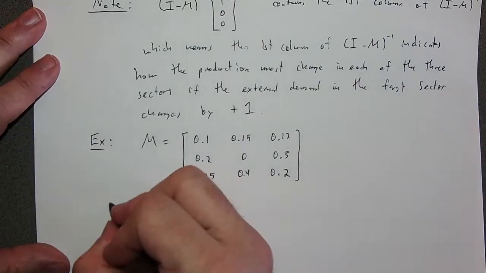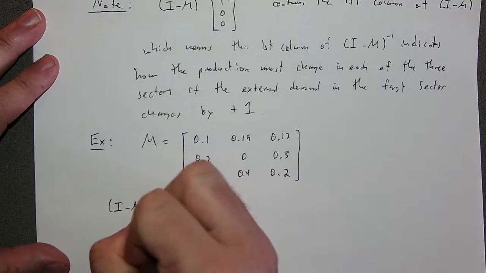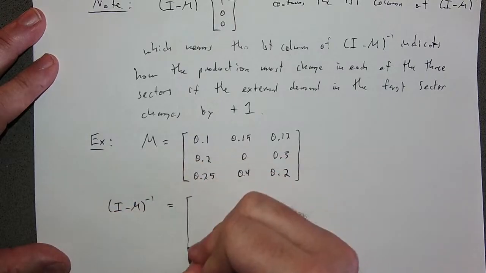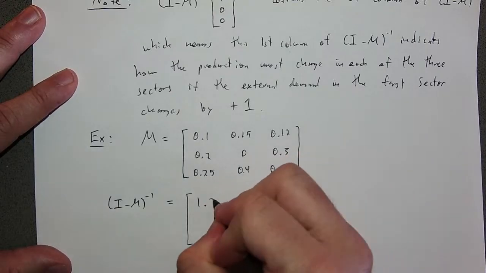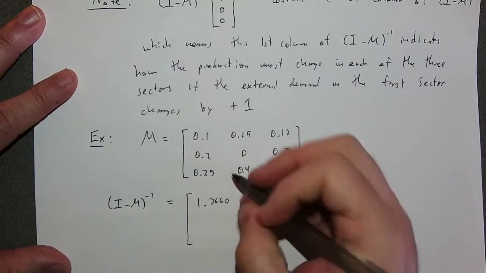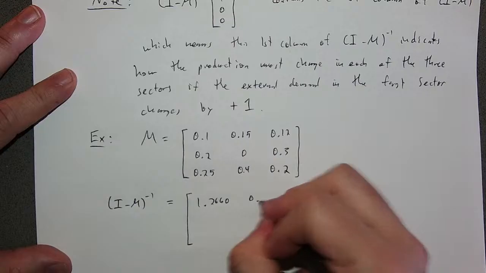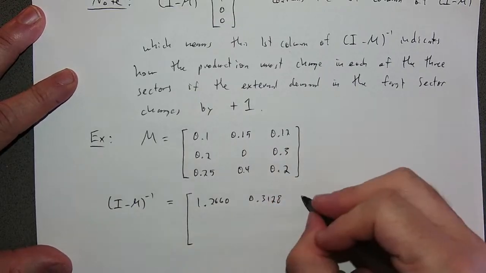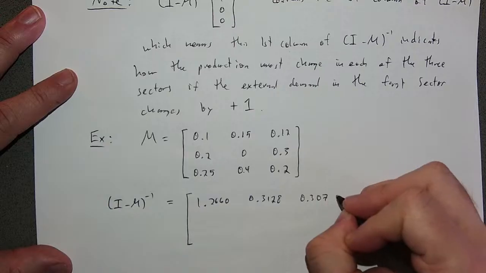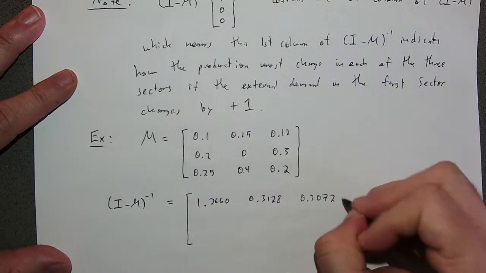If we compute (I minus M) inverse, writing this row-wise again, this is 1.2660, 0.3128, 0.3072.